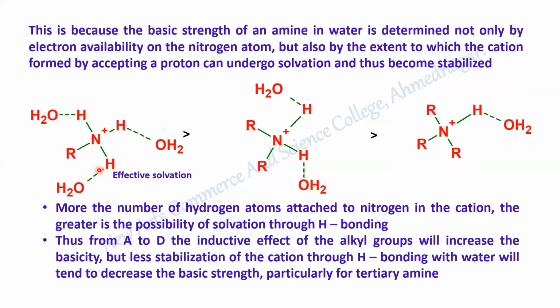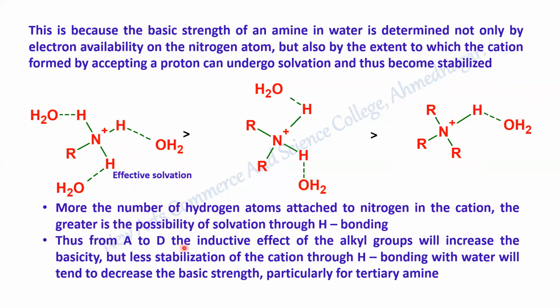So whether you increase the electron density on the nitrogen atom or not is not the only factor responsible for the strength of an organic base. Another factor responsible is how the solvation takes place. On this basis, the more hydrogen atoms attached to nitrogen in the cation, the greater is the possibility of solvation through hydrogen bonding.